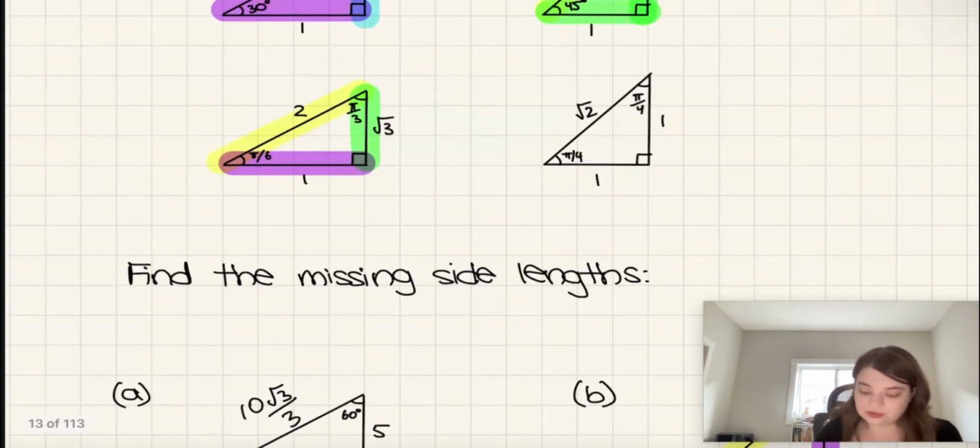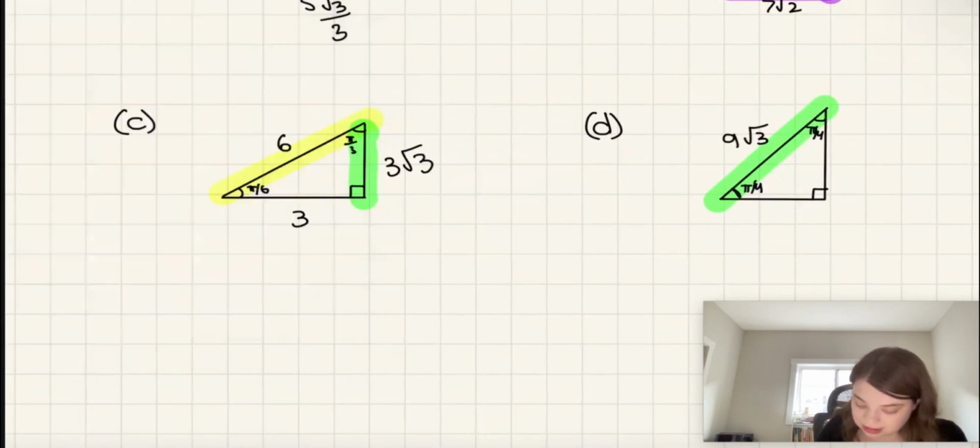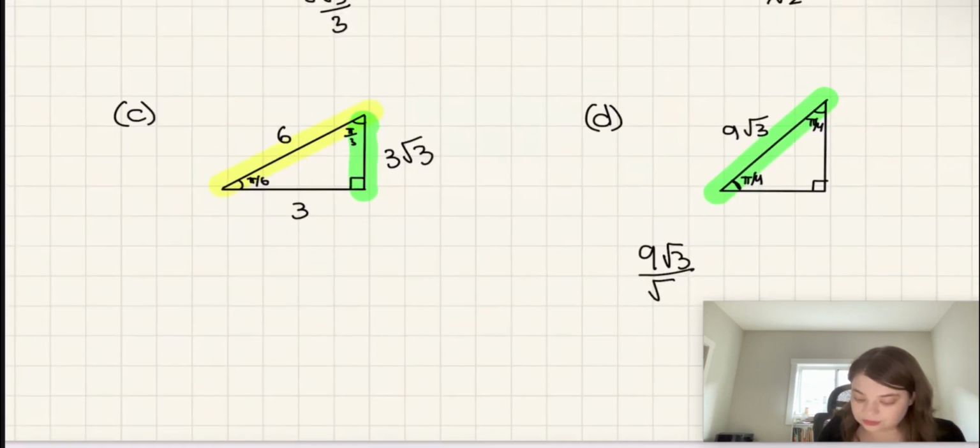What do we have to do to root 2 in order to get 1? Well, we have to divide it by root 2. So that means in order to get these other side lengths, we have to take 9 root 3 and divide that by root 2. Now, that isn't really in simplified form. We need to make sure that we don't have any radicals in our denominator here. So I'm going to multiply top and bottom by root 2.